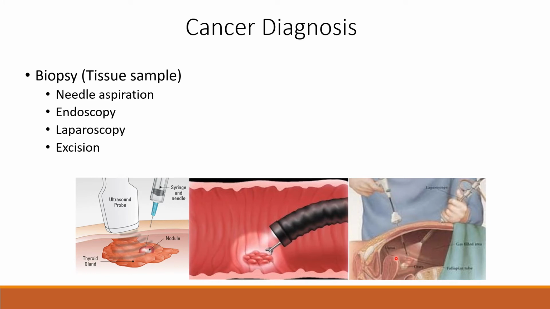I can't tell because it's a little blurry, but in that picture, they've inserted the camera right here, and it has a light on it, and then they have this little grabber, and then they stick it through the body wall, and then they excise the tissue. Sometimes they can take out the entire tumor growth, but they usually don't want to take that entire tumor out until they've identified that as cancer. Sometimes they take it out if it's causing pain or discomfort.